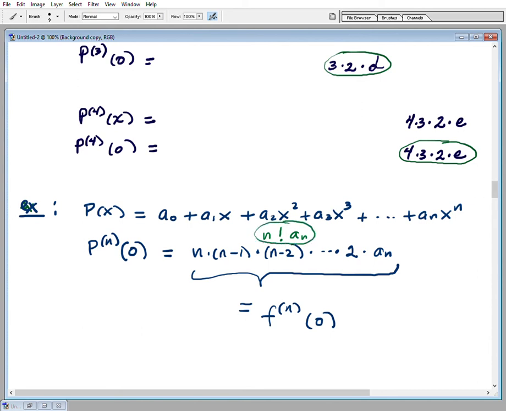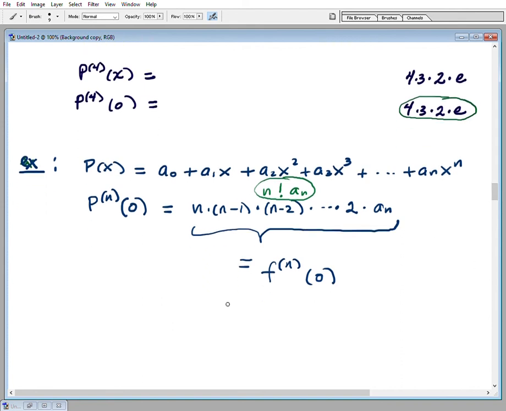So it's easy now to see what our polynomial should be. We want f_n of 0 to be equal to P_n's nth derivative at 0. We want the derivative of our function to match the derivative of the polynomial.